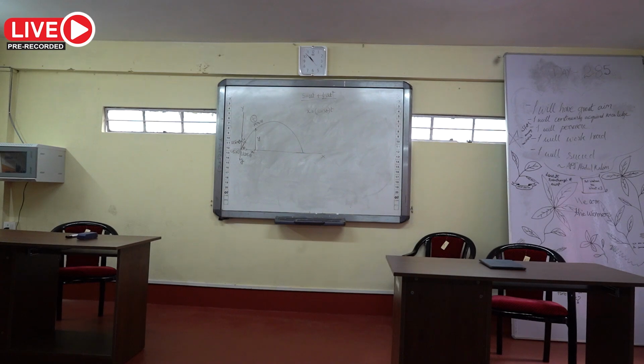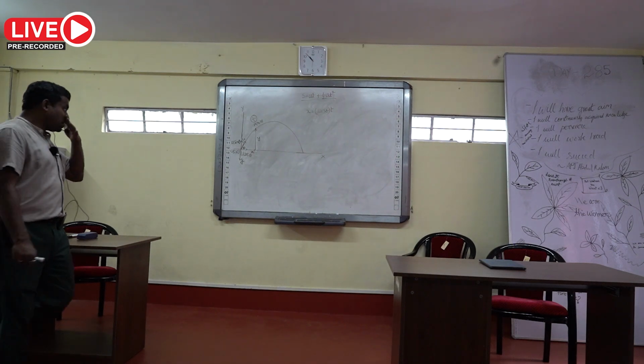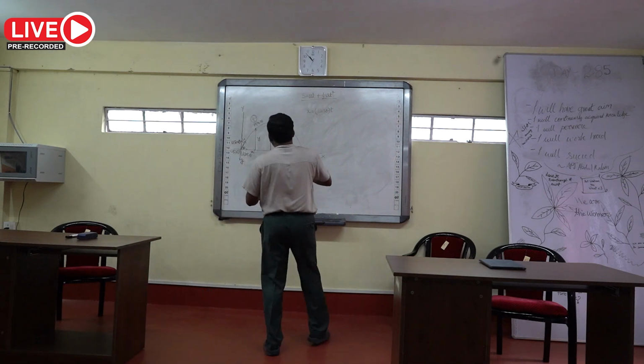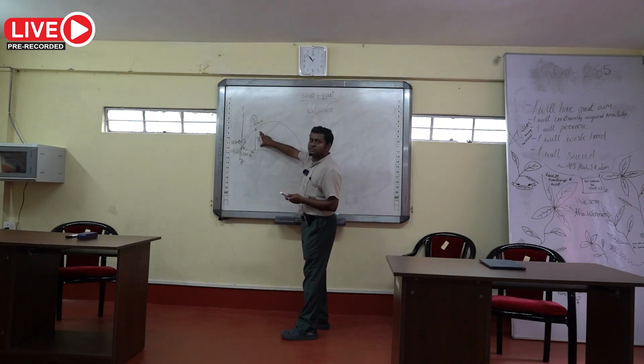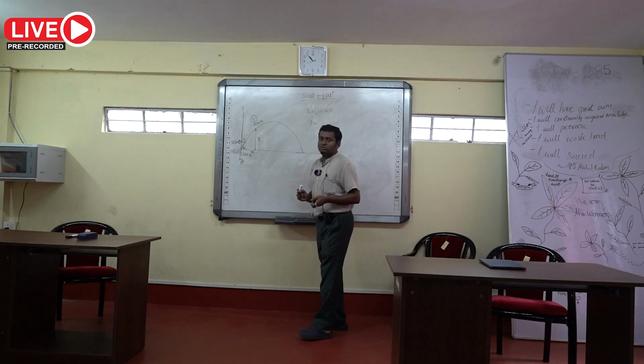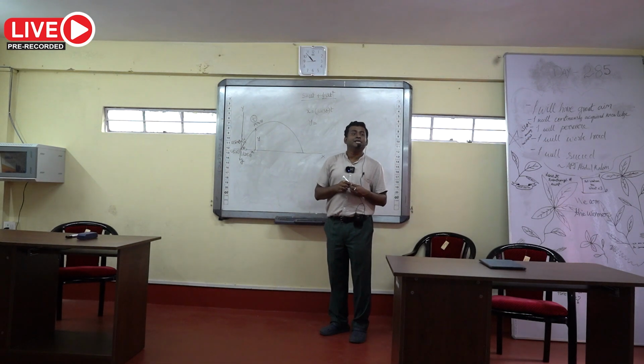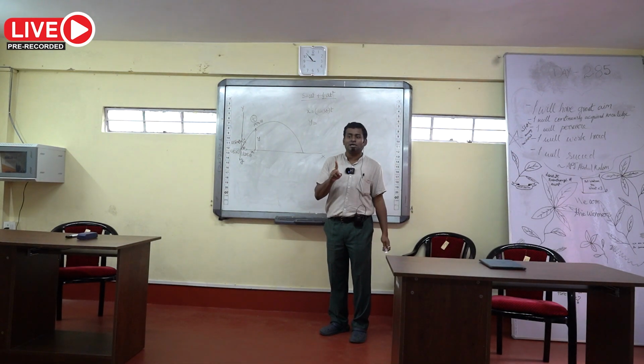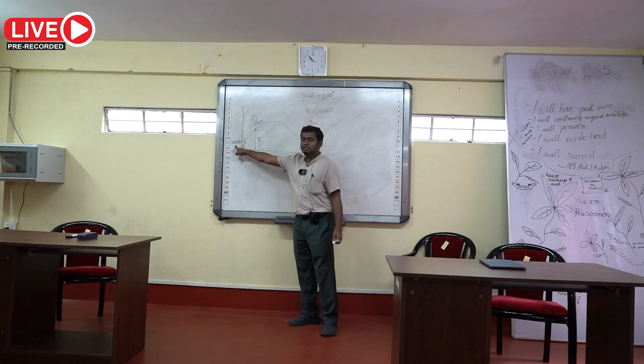Okay. Now we will go for the vertical displacement. What is the vertical displacement? y. This will be equal to, what will be the initial velocity in the vertical direction? u sin theta.